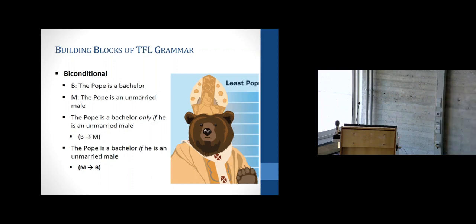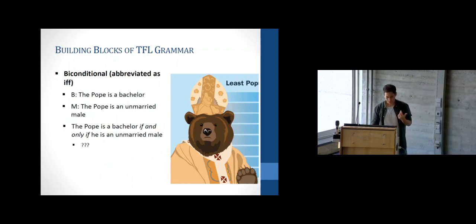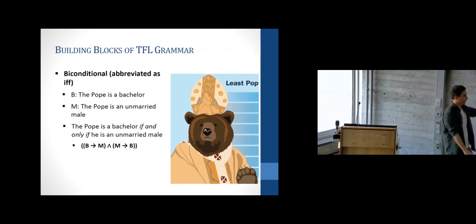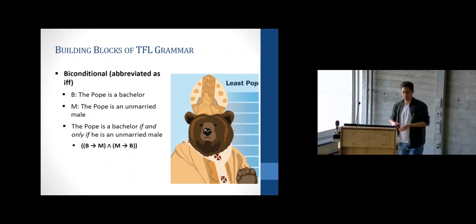Biconditional says if and only if, both these things together. So one way of doing it would be just to write down like this, right? I can say if B then M, and if M then B. Okay, so that will be to say someone is a bachelor if and only if they are unmarried men.